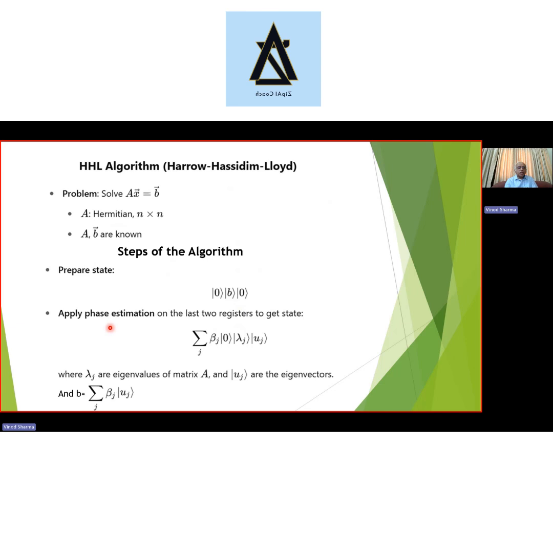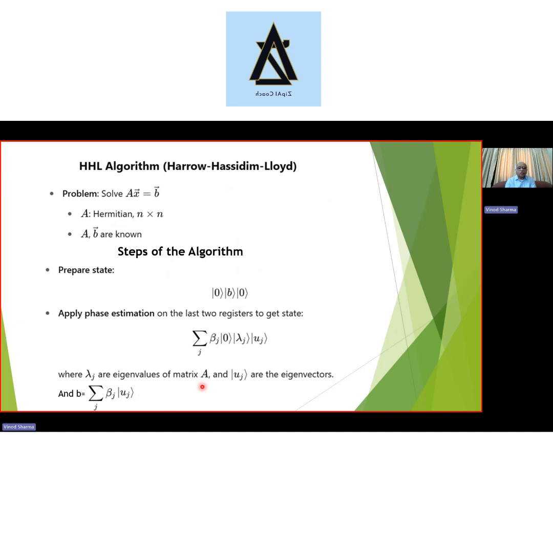On this, we apply the phase estimation algorithm, and by applying that, you get the state Σj βj |0>|λj>|uj>, where λj are the eigenvalues of A and the corresponding eigenvectors are uj, and βj are the coefficients, where b is written as the summation of βj uj.